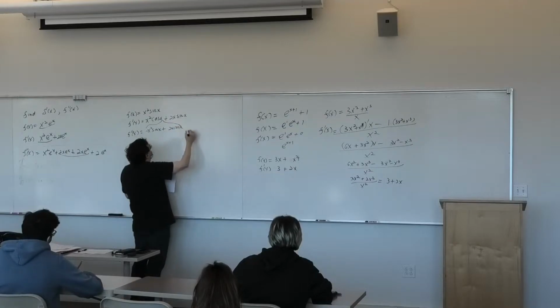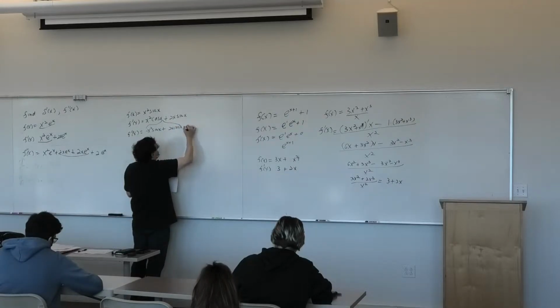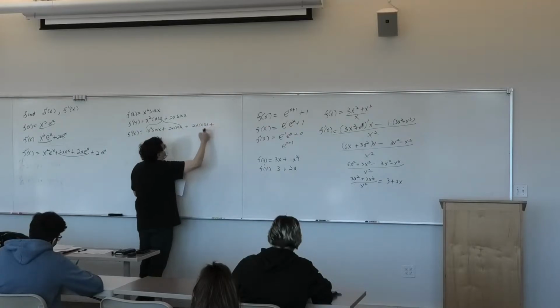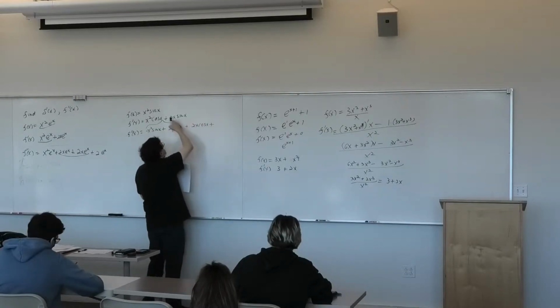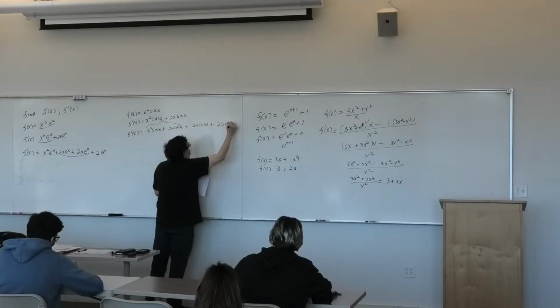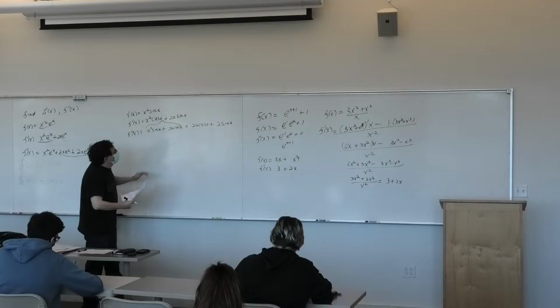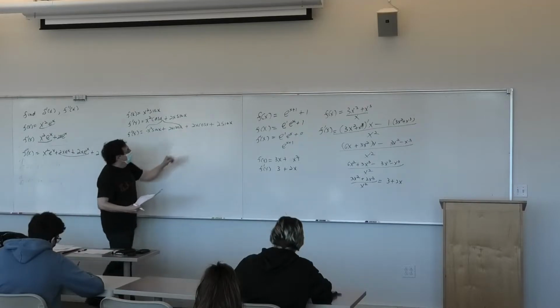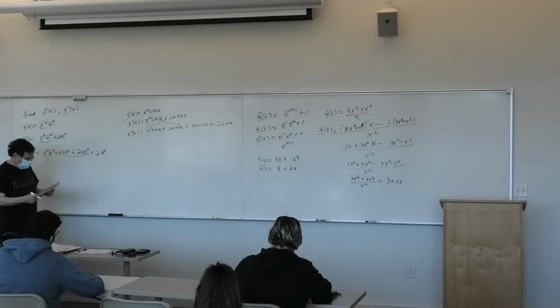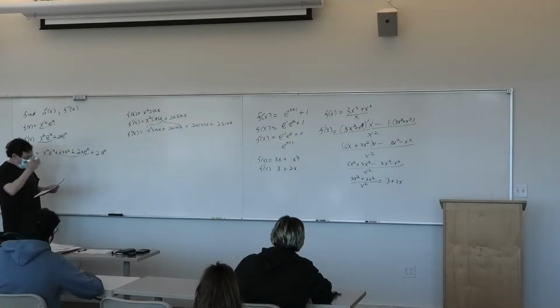And here we have 2x times the cosine of x plus the derivative of 2x, which is 2, times the sine of x. And again, we have some components we could combine. All right.